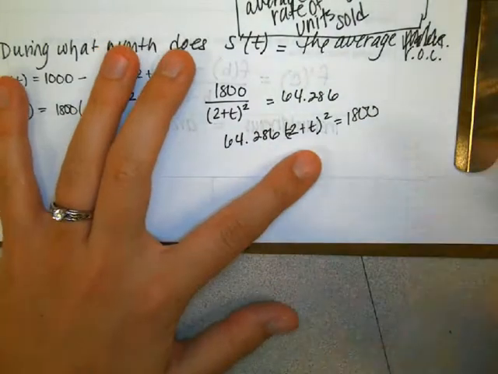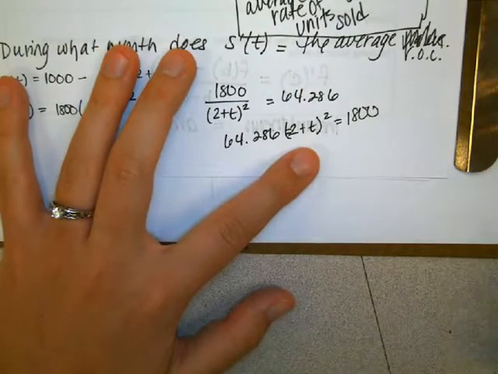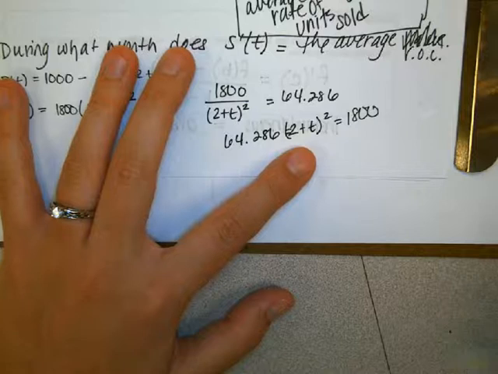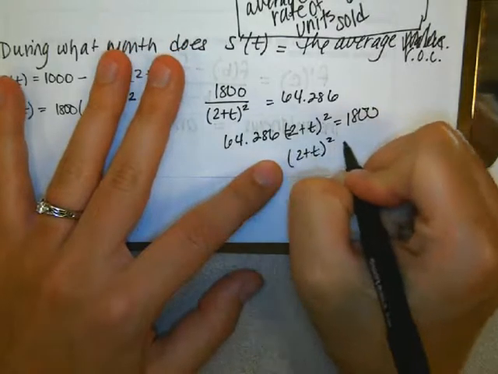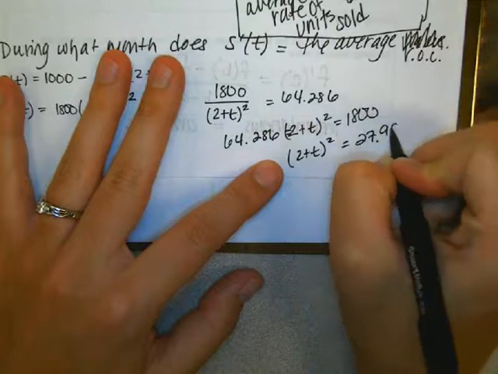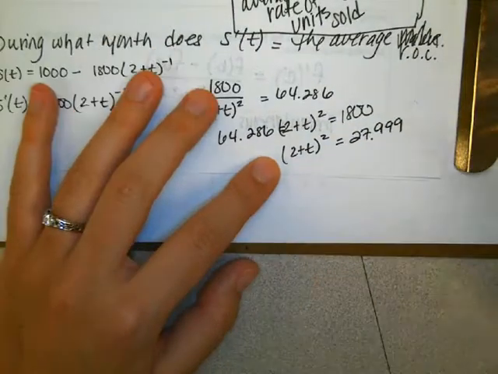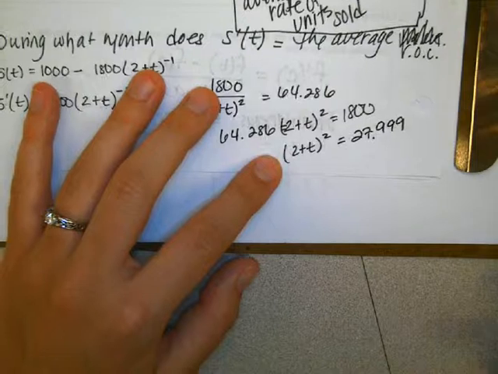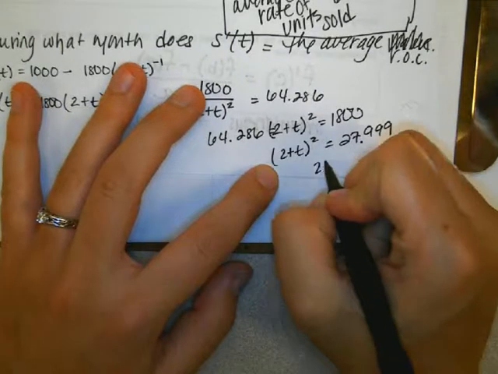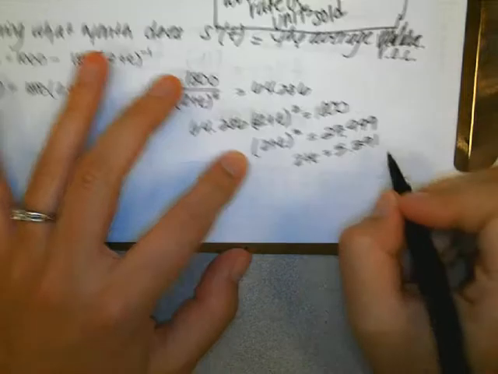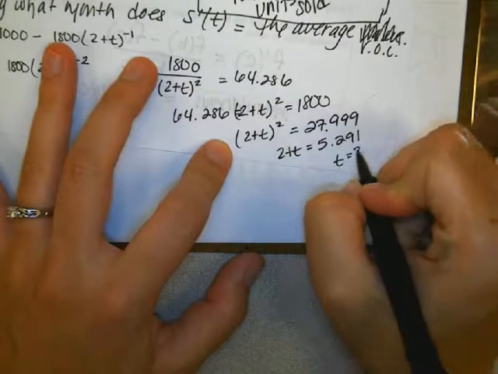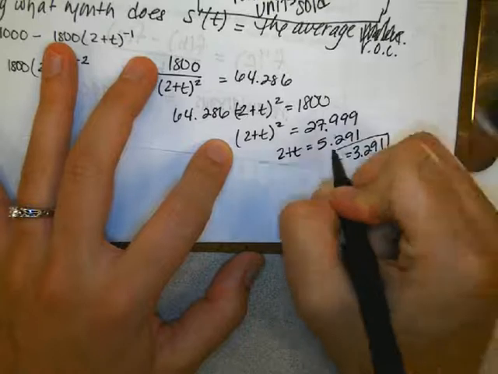Divide 1,800 by 64.286, and I get 2 plus t squared equals 27.999, and then I'm going to take the square root of both sides, and I get 2 plus t equals 5.291, and then subtract. So you get 3.291. So third month is in March.